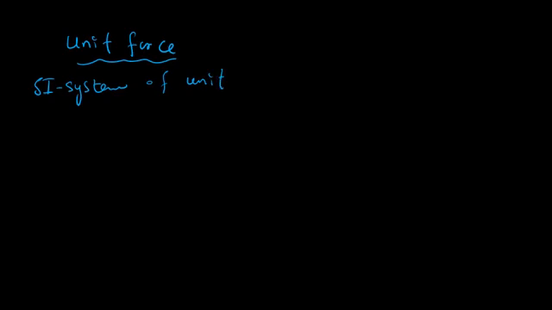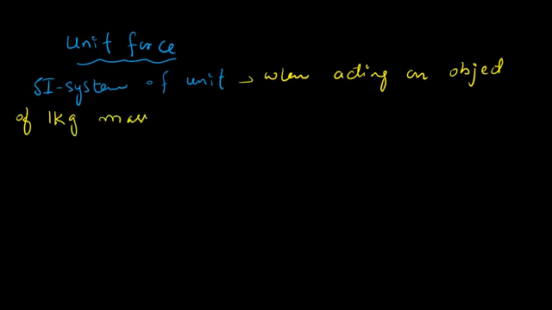In the SI system of units, we can define the unit of force as follows: when a force acts on an object of mass 1 kilogram, and as we have already discussed, when force acts on an object it produces acceleration in that object, it will produce an acceleration of 1 meter per second square.